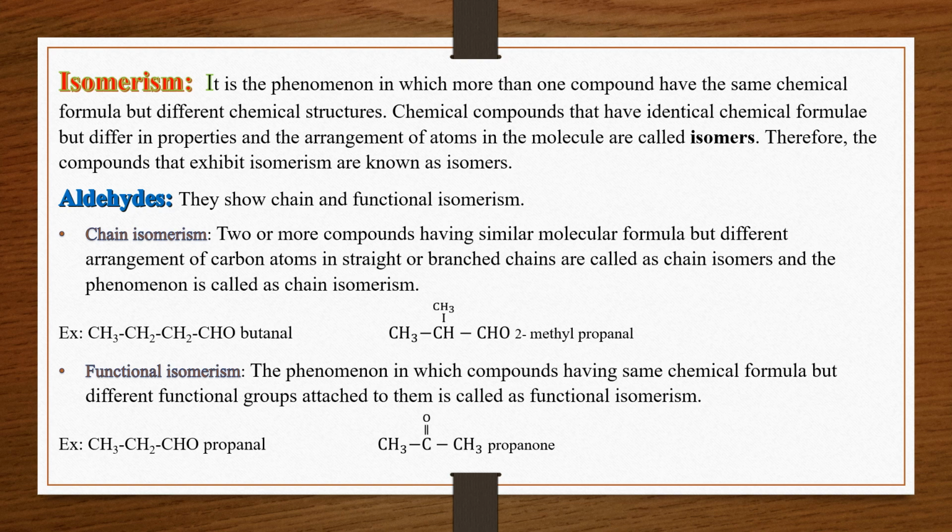Propanal has aldehydic functional group, whereas propanone has ketonic functional group. Their molecular formula remains the same, but they contain different functional groups. Propanal has aldehydic group, propanone has ketonic functional group.